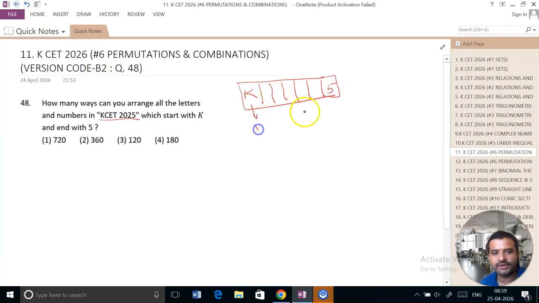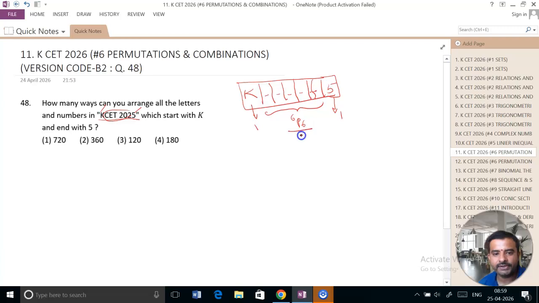So we can take only one way here, and here also we can take only one way. And how many boxes are left out? 1, 2, 3, 4, 5. And how many letters are left out? See here, the first letter is K, the last number is 5, and we are remaining with totally 4 plus 4, sorry, 8 boxes we have.